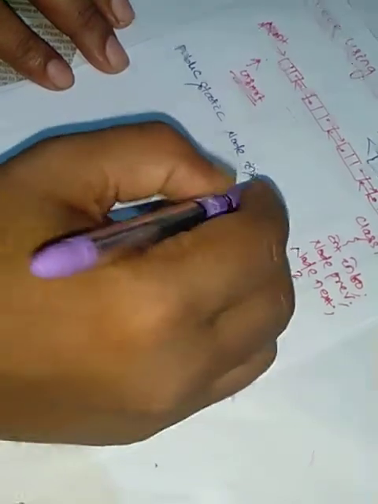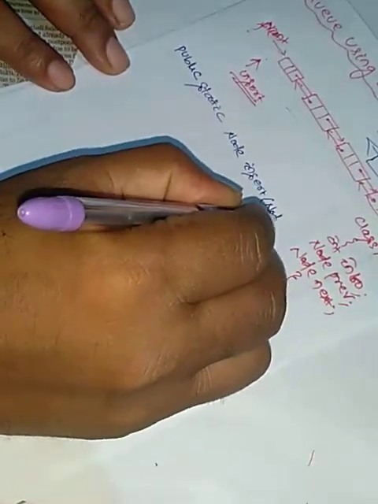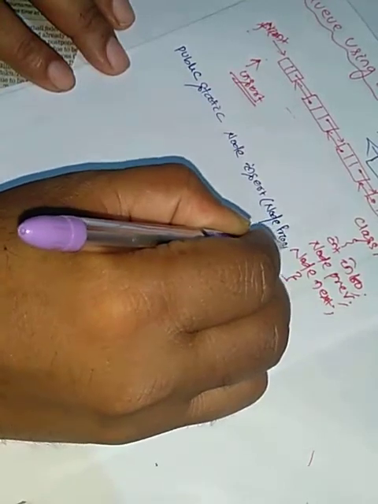So we can follow the method quickly. Public static, return type is node, method name is insert, and we'll add node front, insert at the front end only.